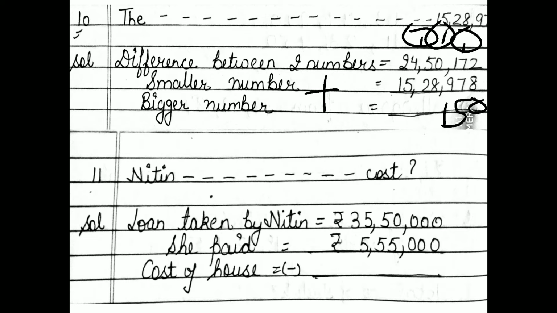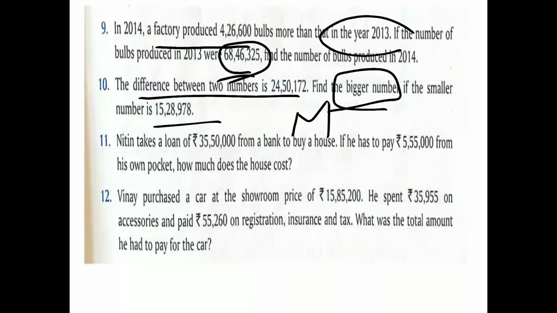Then 0 plus 8, 9. 5 plus 2, 7. 4 plus 5, 9. And 3. So the answer is 39,79,150. Clear?